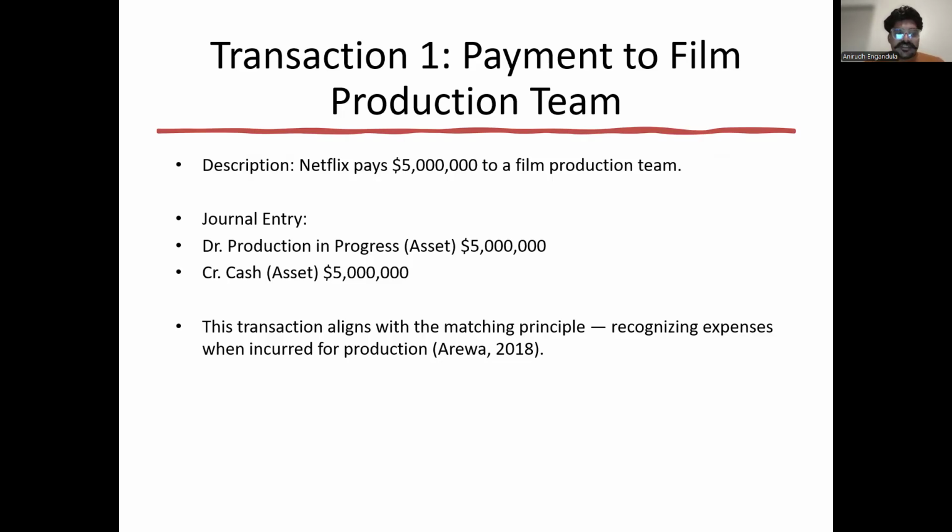The journal entry is debit production in progress, that'll be an asset, for $5 million, and credit cash, asset, for 5 million. This transaction follows the matching principle, which means costs are recorded when they are incurred to generate future revenues. According to Ariva in 2018, production costs are considered capital investments rather than immediate expenses because they create long term value through subscriber growth.